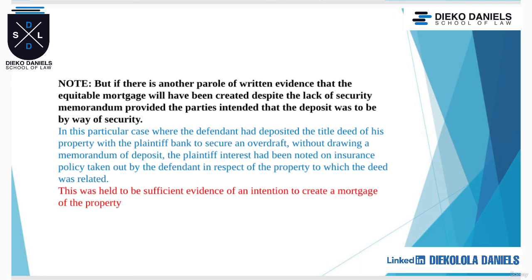That in itself, that policy, was what the court used as a substitute for the memorandum, which is lacking, to create evidence before the court that not only was there a deposit of title deed, there was a deposit of title deed with the intention that such deposit should be used as security for the loan. And that is the case of British and French Bank Limited versus Akonde, where we talk about the third way by which we can create an equitable mortgage.